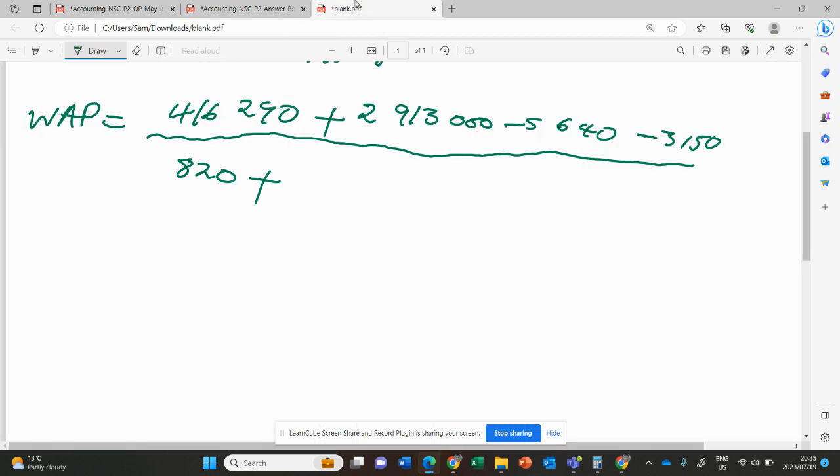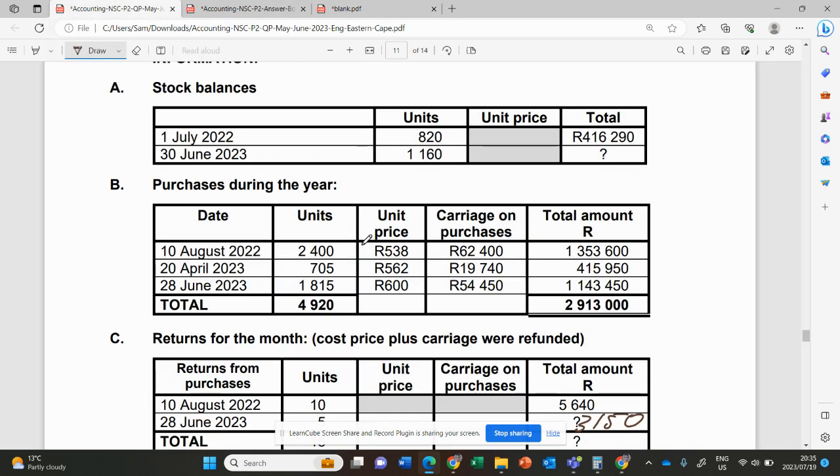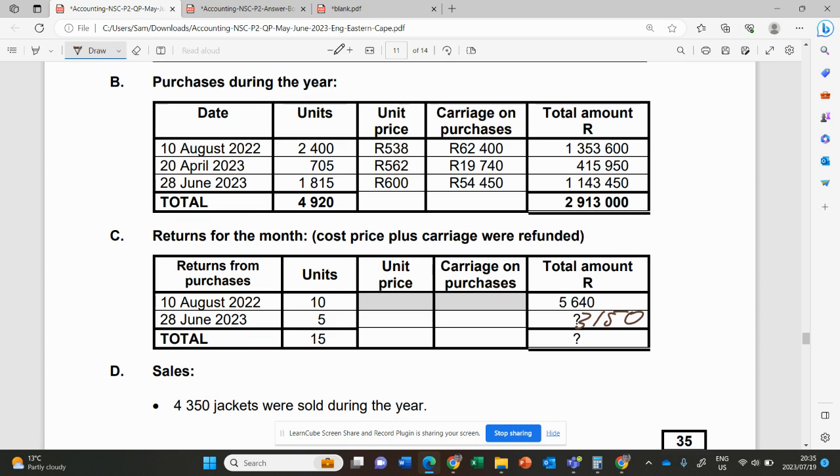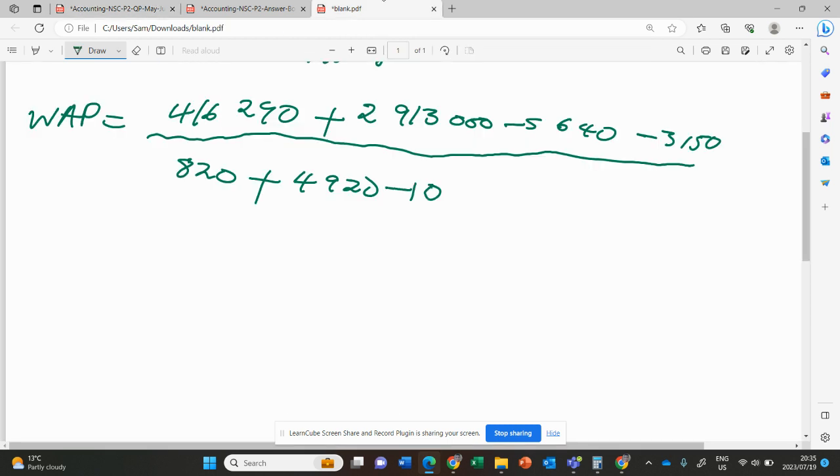Then we subtract the number of units for the returns. The first return that we made was 10, the second return was 5. So it's minus 10 minus 5.